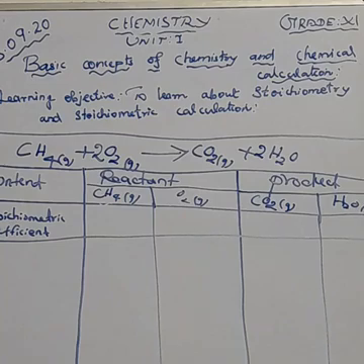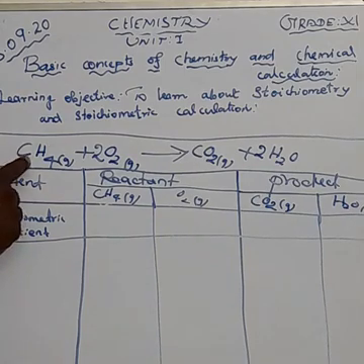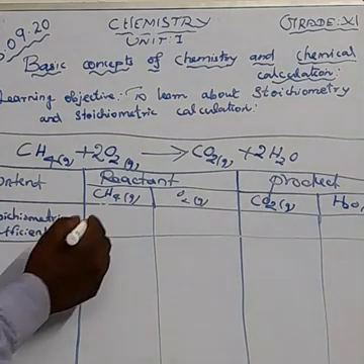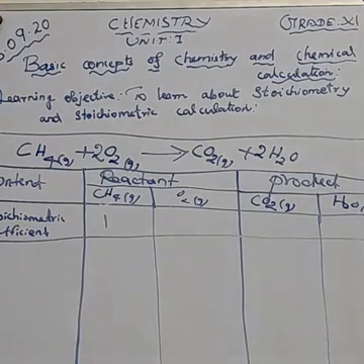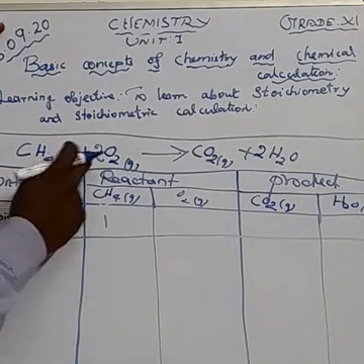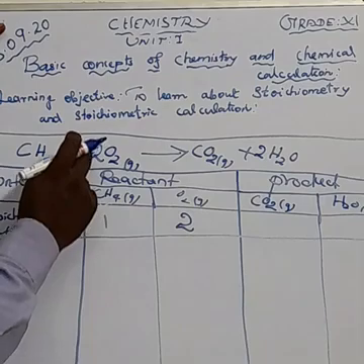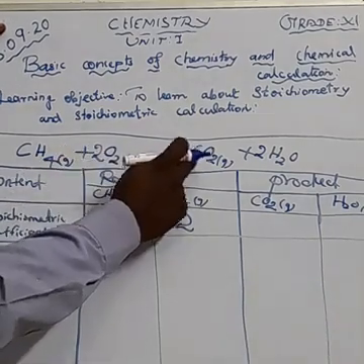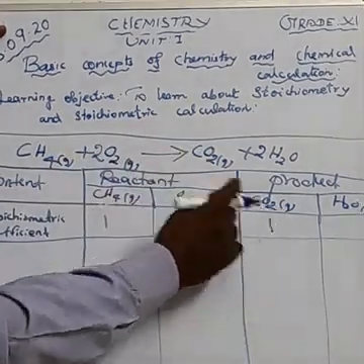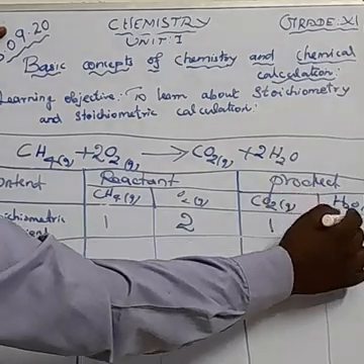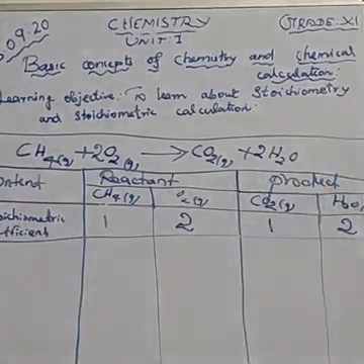That means methane, how many moles? 1 mole. That is 1. And oxygen how much? 2 moles. Carbon dioxide 1. Water 2. Clear? Can you write?